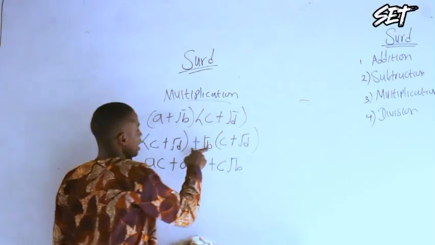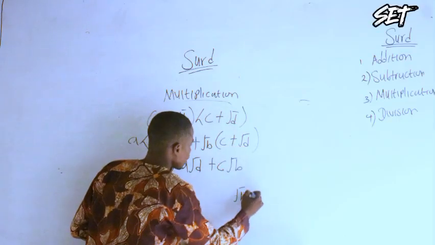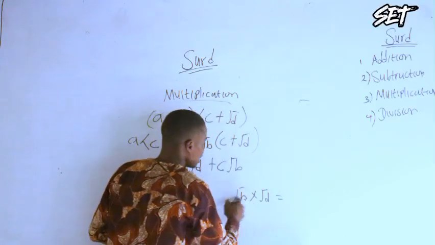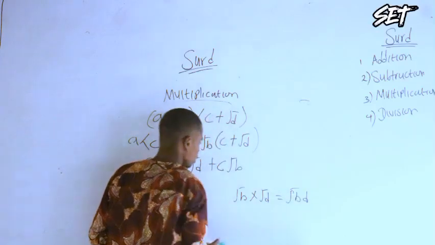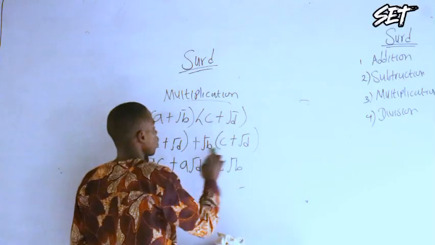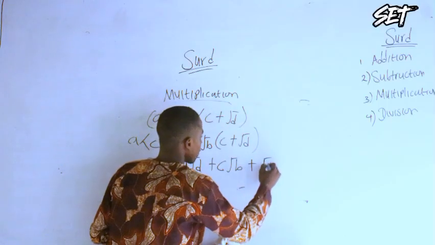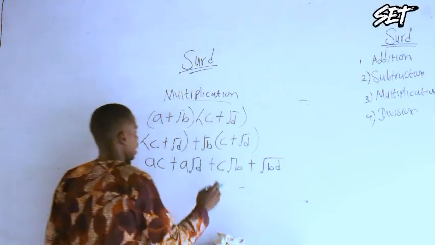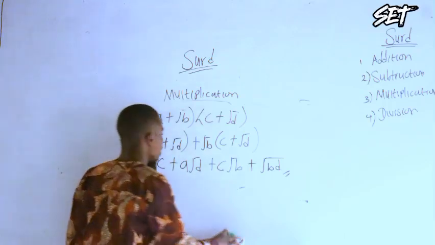And this one and this is root B times root D. It will now be root BD. That's the answer, plus root BD. That's the final answer for this case. Now let us look at the example, what this one really means.